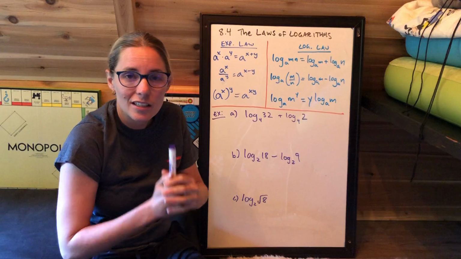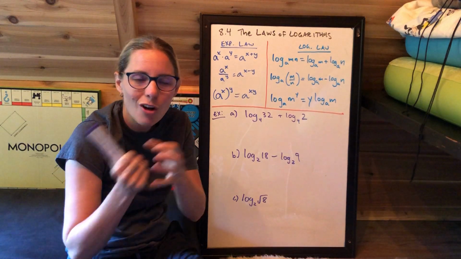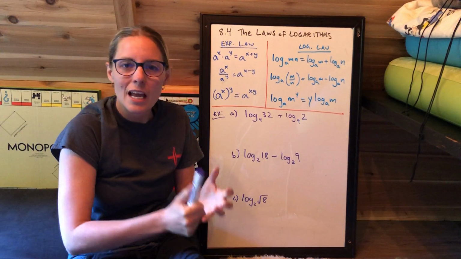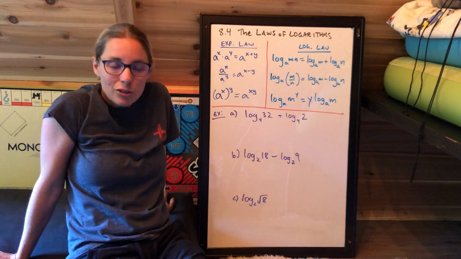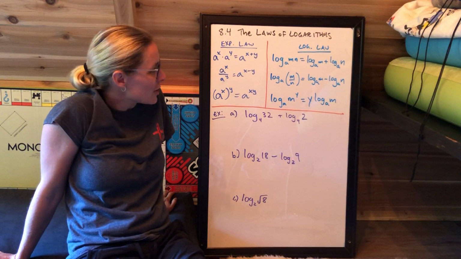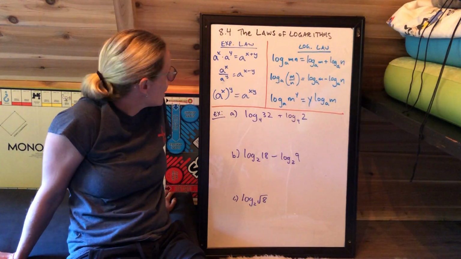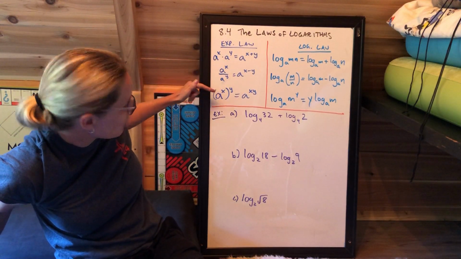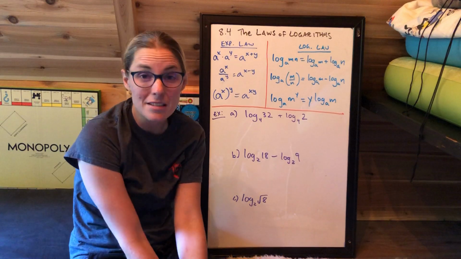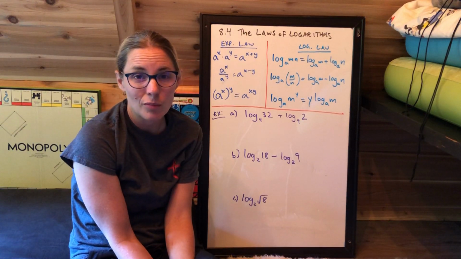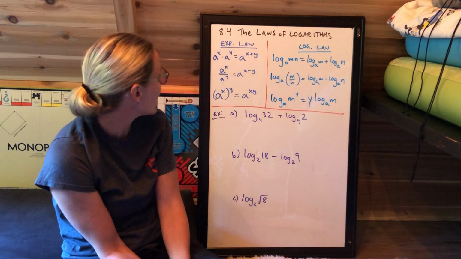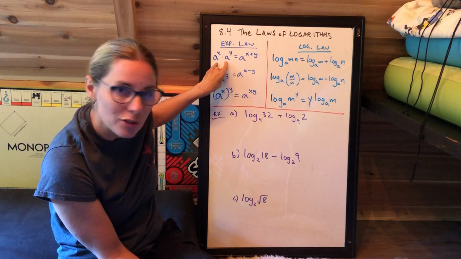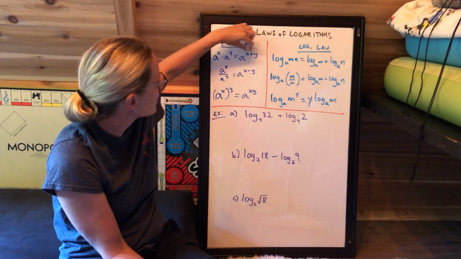Okay, the main thing to look at, and I talked about this in 8.3 a little bit, is that logarithms have laws just like exponents have laws. And because logarithms are the inverse of exponential functions, the laws are very related. On the left, I've listed the 3 basic exponent laws that we learned. You actually learned these in grade 9: when you multiply 2 values with the same base, you add the exponents.